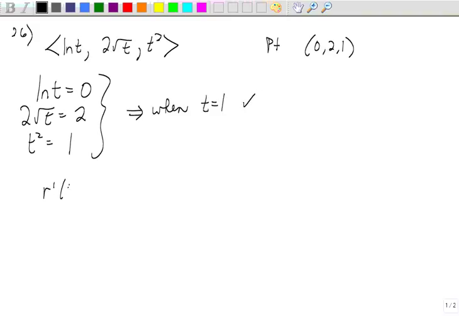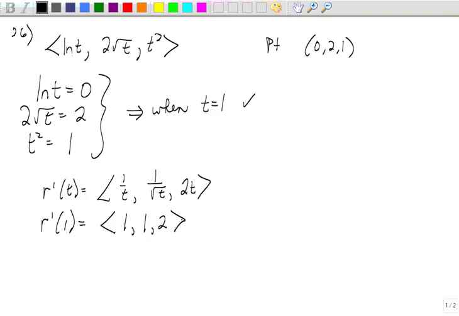And I take the derivative, and at 1, the derivative is (1, 1, 2). So I want the line through this point, parallel to r prime of 1.